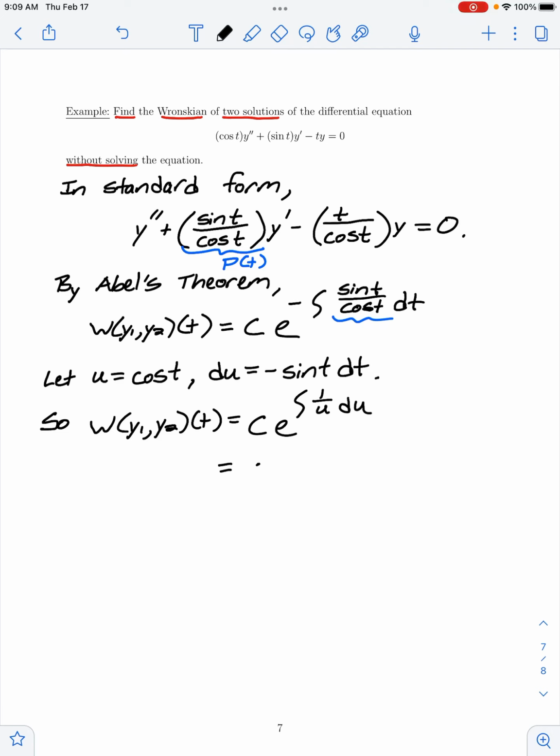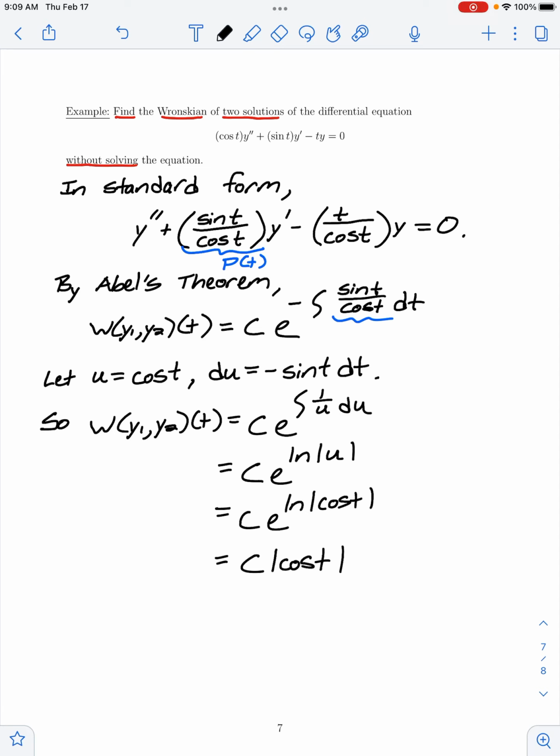So for our antiderivative, we have e raised to the natural log of absolute value u, or substituting u back in, we have e raised to the natural log of absolute value cosine of t, which gives us c times the absolute value of this cosine function.